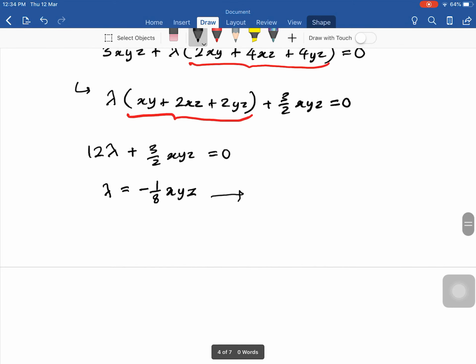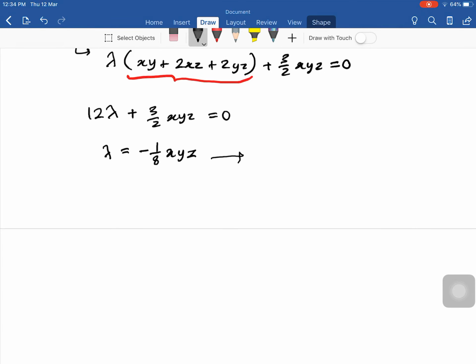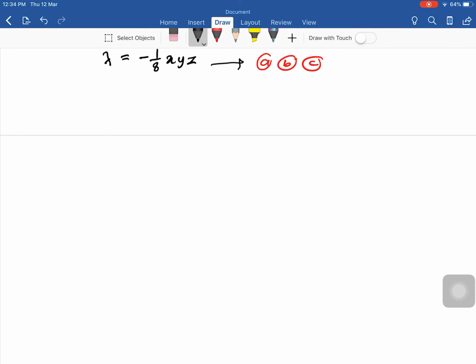So when we put the value inside the A, B, C, it will be 1 minus 1 over 8xy plus 2z. So this is from A equation.